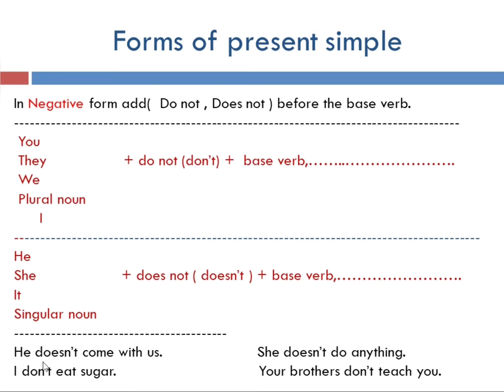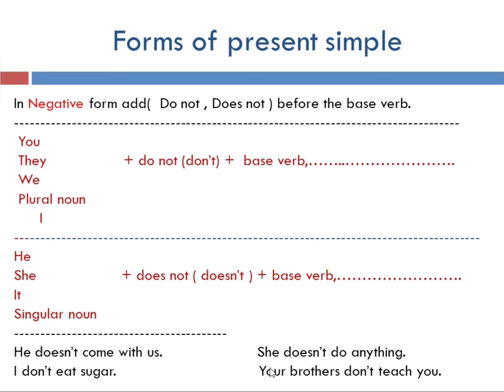First, let's see this example. For example, I don't eat sugar. If it's a positive form, you'd say I eat sugar. But because this is a negative form, you'd say I do not, or you can say I don't eat sugar.